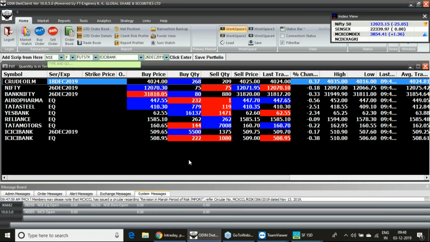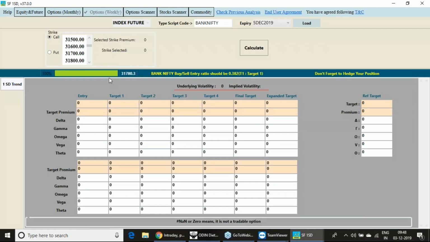31,780, and we have to see what price we should take. Suppose we have seen there is a downtrend breakout given. Here it involves two parts; listen very carefully. One, you have seen in the price analysis that Bank Nifty has given a downtrend breakout.